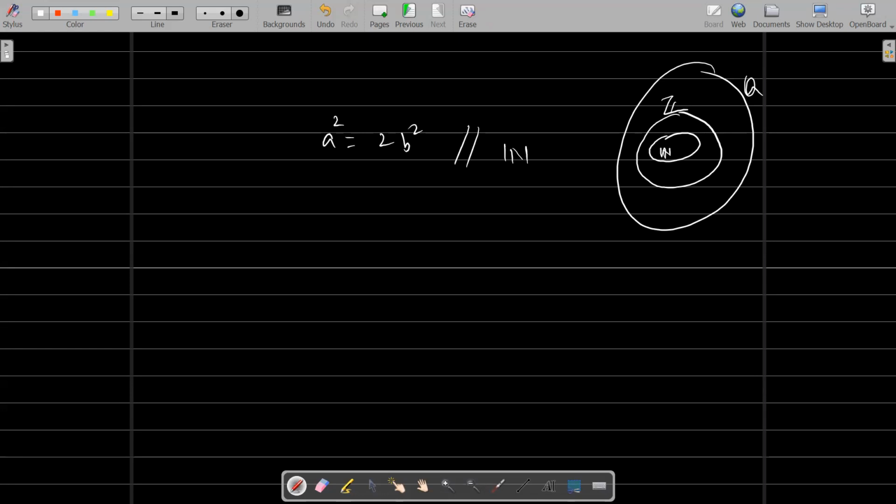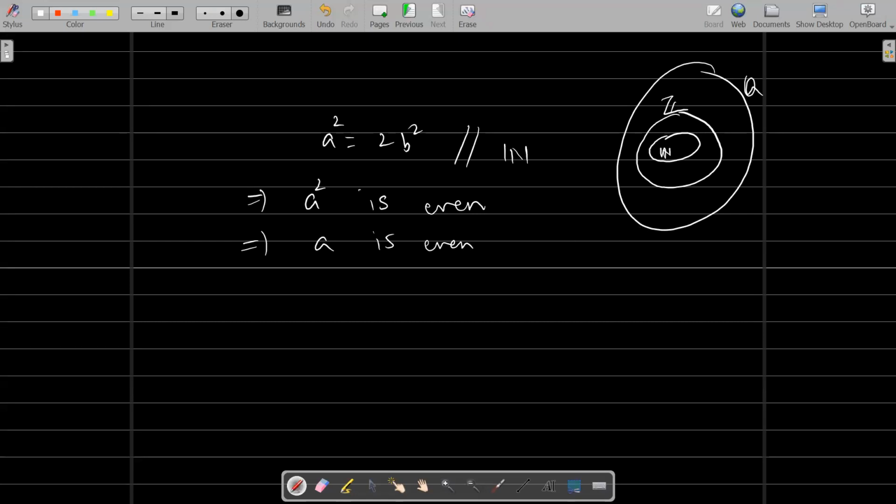Yes, so step by step, this implies a square is even. Everyone agrees? a square is even. But then that means a is also even. In fact, there are two types of numbers, even or odd.